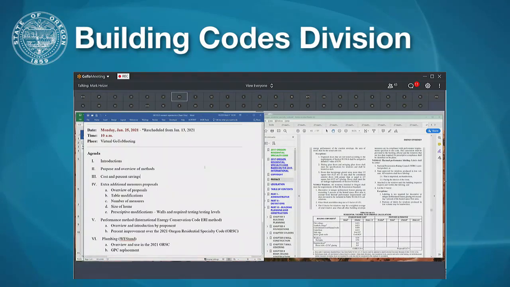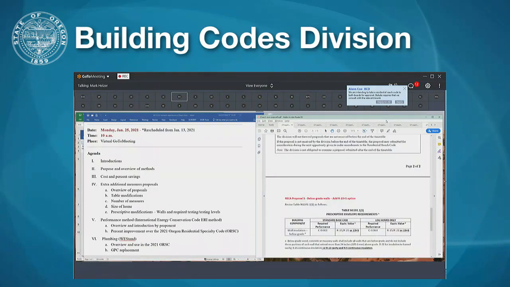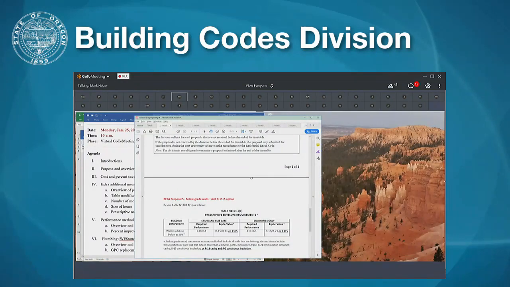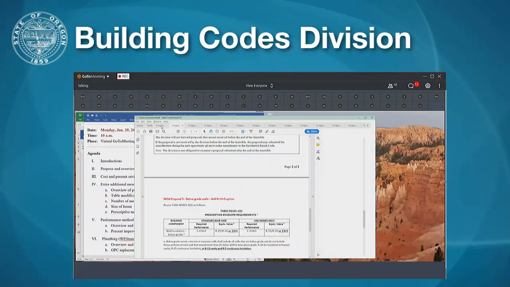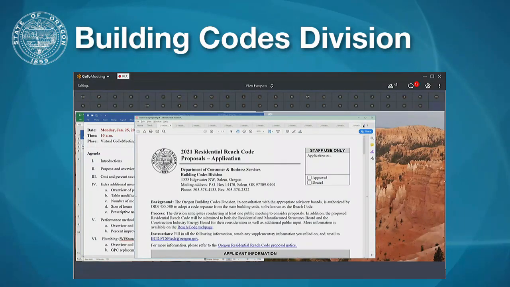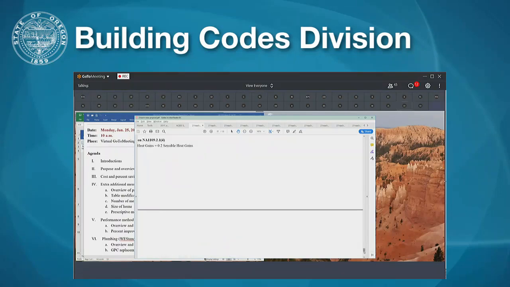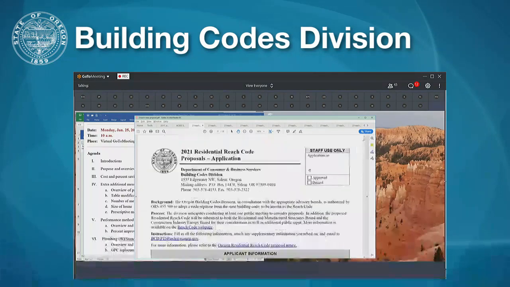All right, with that, what I'd really like to do is start getting into some of the proposals that have come in. I'm going to have to go way back in time, and we'll try and get the views bigger for people to see. I also have some Word documents that we can look at.